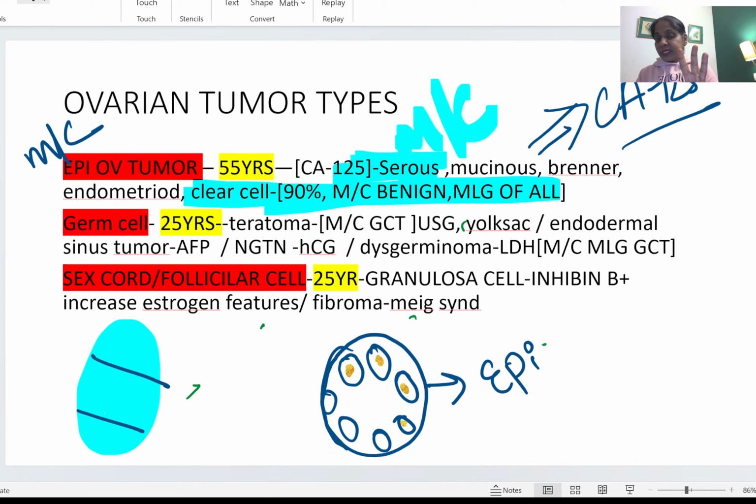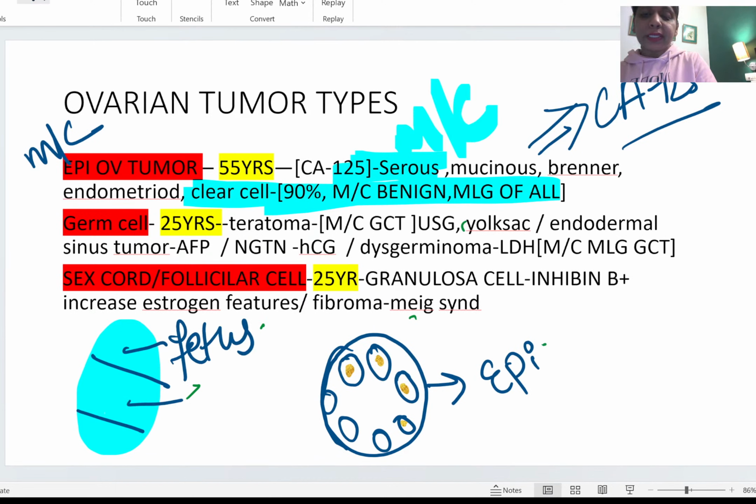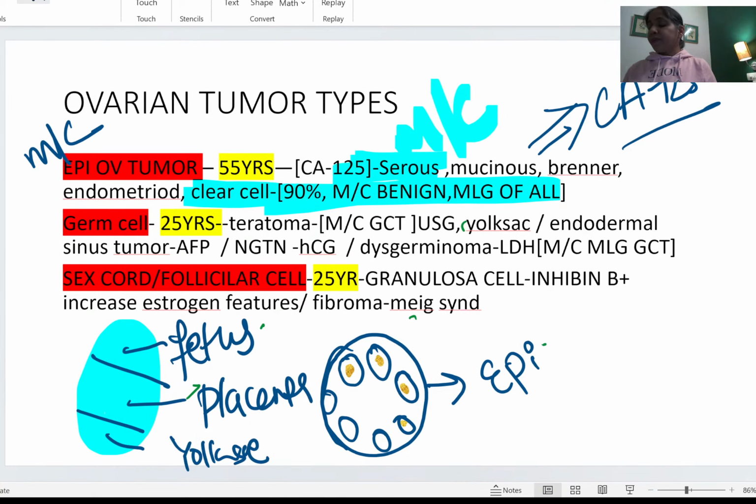I will label it here that ovum after fertilization makes fetus, placenta, and yolk sac. If the part of the ovum that makes fetus becomes tumorous, then teratoma will be formed, and it is the most common germ cell tumor.